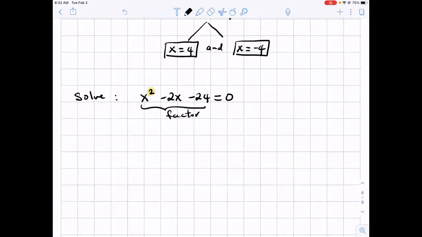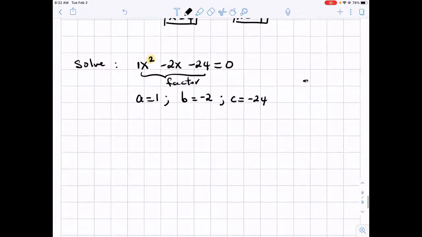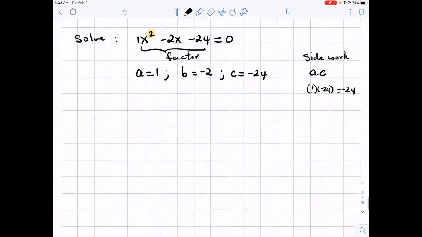We've done factoring in a prior video. So here, a is equal to 1, b is equal to minus 2, and c is equal to minus 24. And then in the side work, we always multiply a times c, which is 1 times minus 24, which is minus 24. Then we look for all the factors of minus 24, which will be 1 and 24.